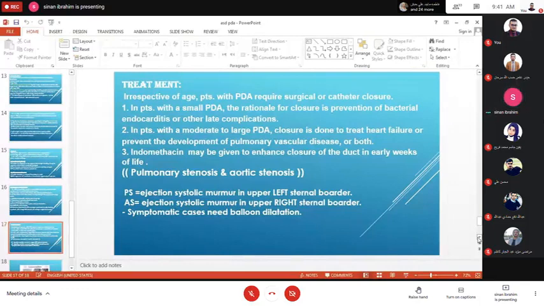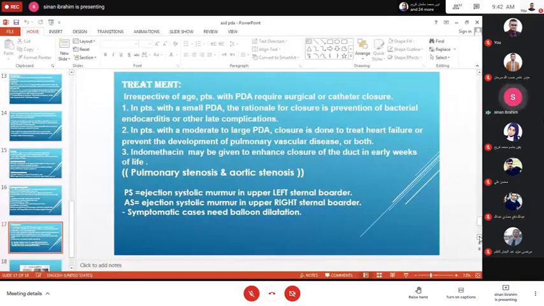Aortic stenosis usually produces an ejection systolic murmur in the right upper sternal border, while pulmonary stenosis is usually heard in the left upper sternal border. We go through the pulmonary valve and/or the aortic valve and do dilatation for children with aortic and pulmonary stenosis.